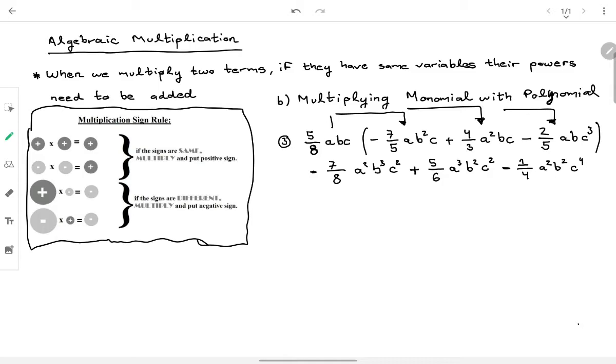Maybe if you can do the exercise of simplifying by mind, maybe you can multiply and you will get something like this.